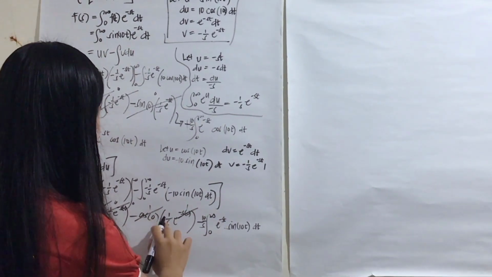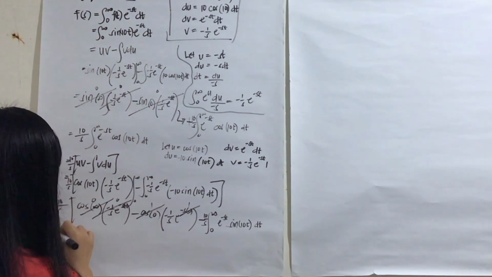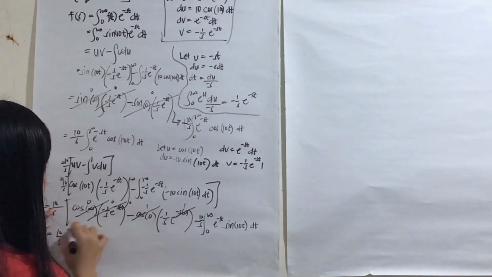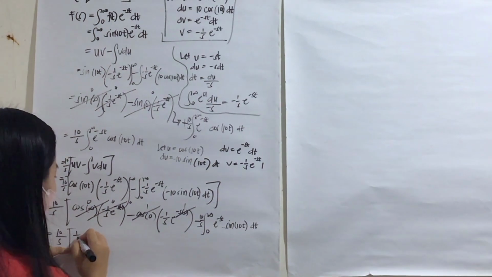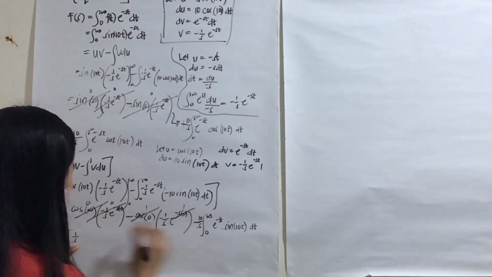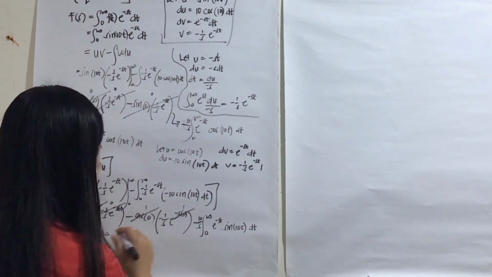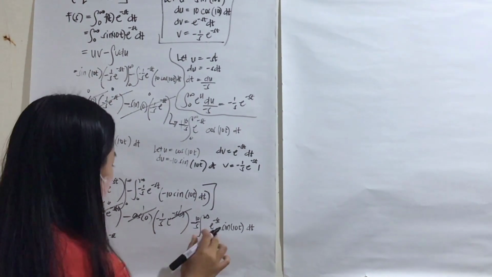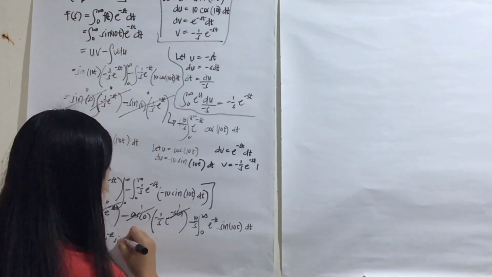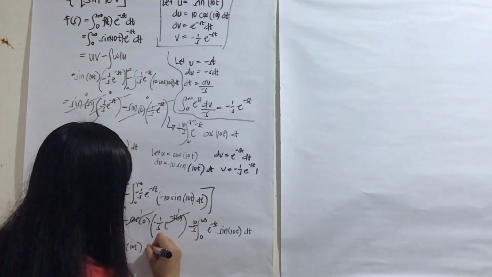So it will become negative times negative 1 over s is equal to, copy the 10 over s here. So this will become positive 1 over s, and then the negative 10 over s, and the integral from 0 to infinity e^(-st), copy the equation here, sine 10t dt.